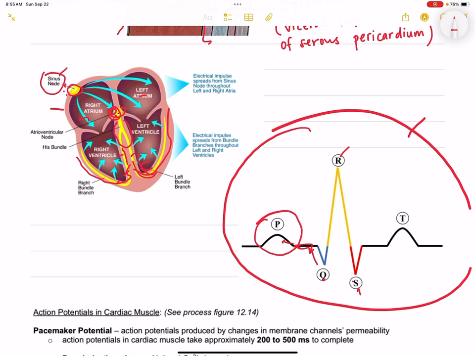And the S and T, kita nyo, the S and T segment reflects the plateau in the myocardial action potential. So this is when the ventricles contract and pump blood. So the T wave, ang T wave gani represents ventricular repolarization immediately before ventricular relaxation or ventricular diastole.